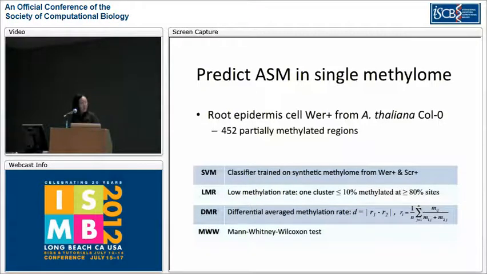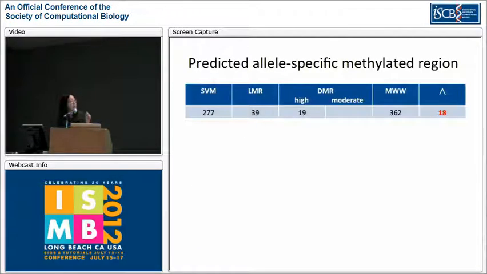Based on this measure, we put the regions into three categories. One is highly differentially methylated, the other is moderately differentially methylated, and the third class is just similarly methylated. Then we take the intersection of all these measures just to reduce the false positives, because we're trying to predict allele-specific regions. It's okay if we miss some.